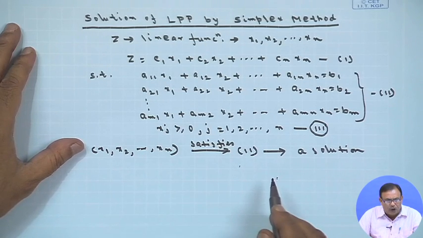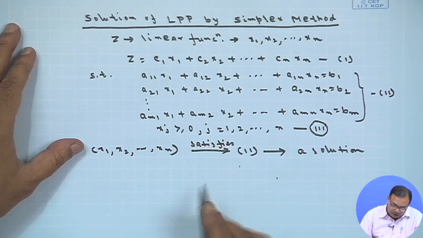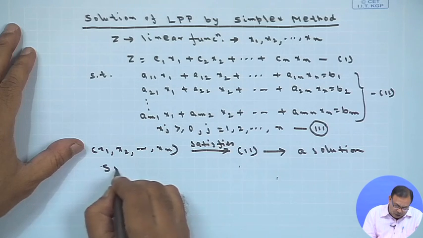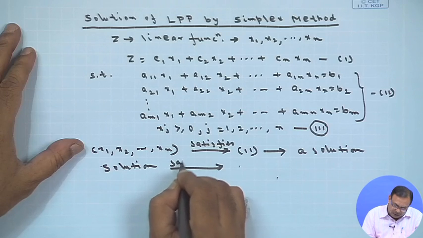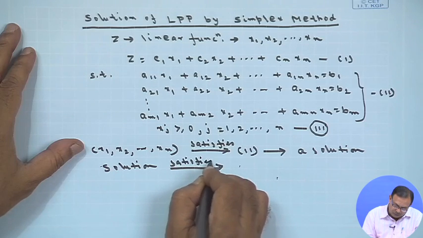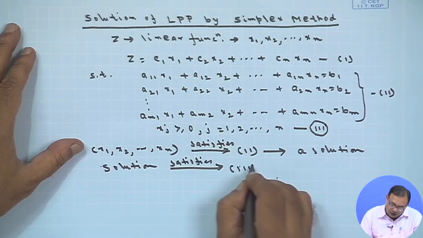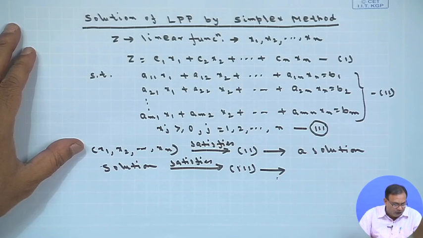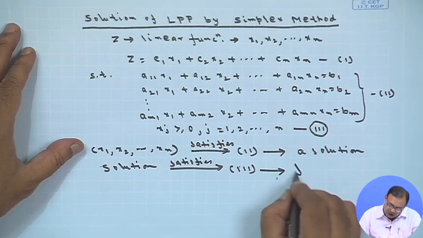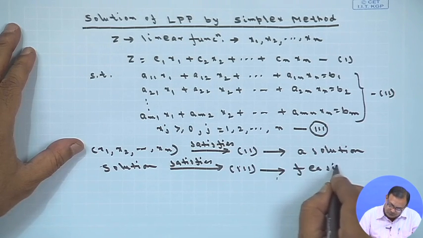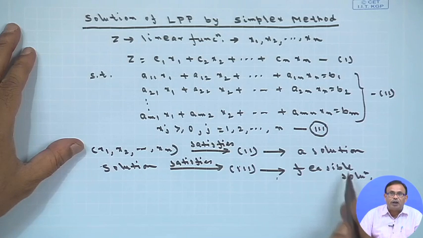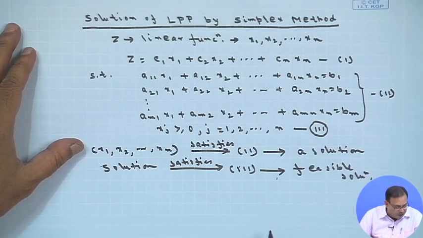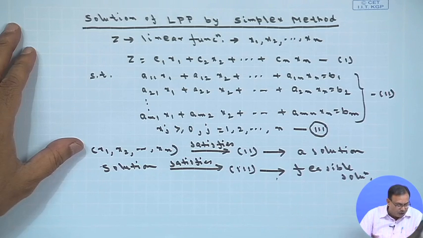Now, if a solution also satisfies the non-negativity condition 3, then we call it a feasible solution.